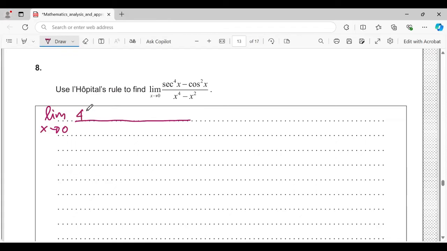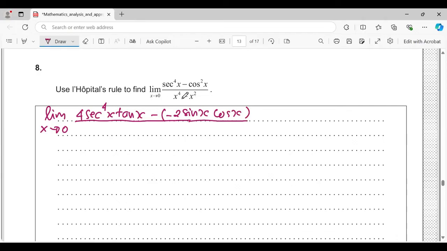So the derivative of secant to the power 4x, I already found it. That is 4 secant to the power 4x tangent x, minus the derivative of cosine squared x, that is minus 2 sine x cosine x.